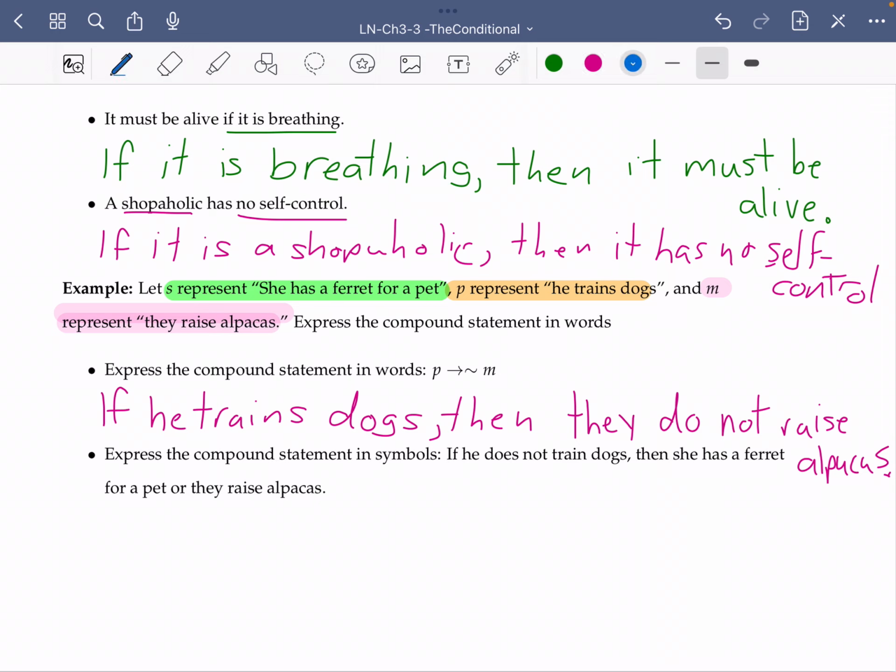We could also move from words to symbols, right?